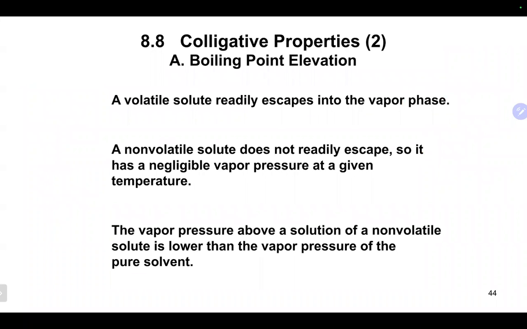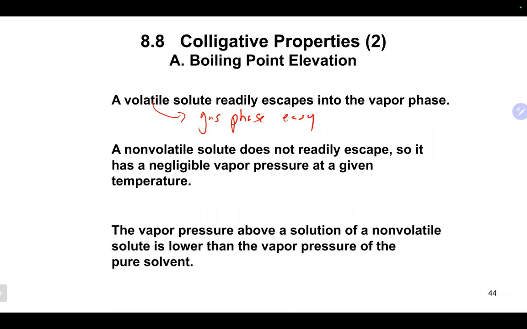So when we talk about boiling point elevation, if we have a volatile solute, volatile basically means that it can go into the gas phase easily. There's lots of things, especially those that have the dispersion forces that we talked about, which a lot of organic compounds do.